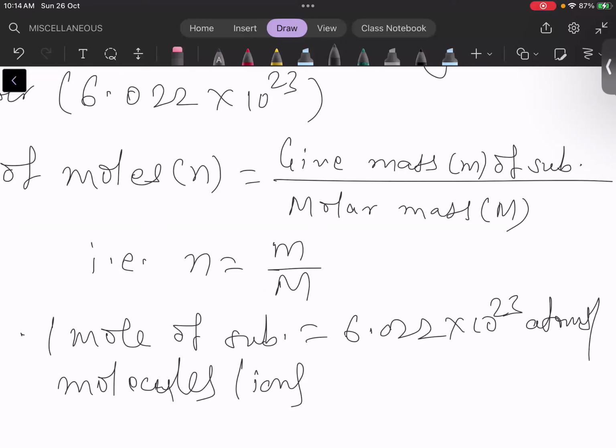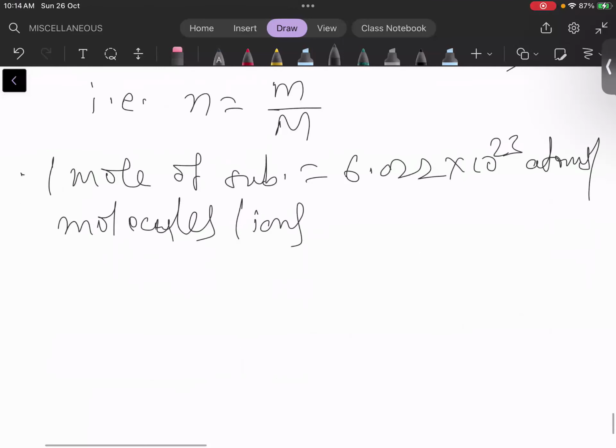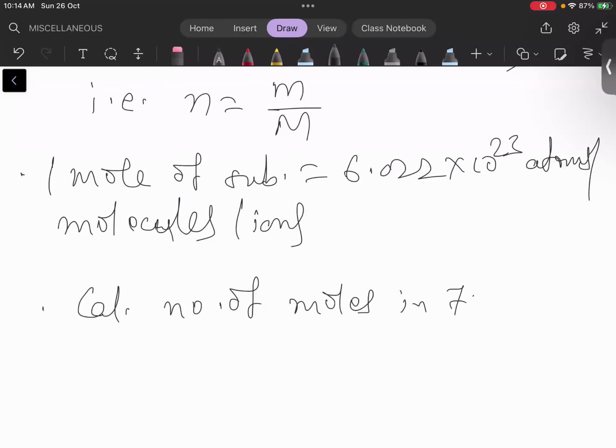Now, we'll study some examples. For example, calculate number of moles in 72 gram of water.